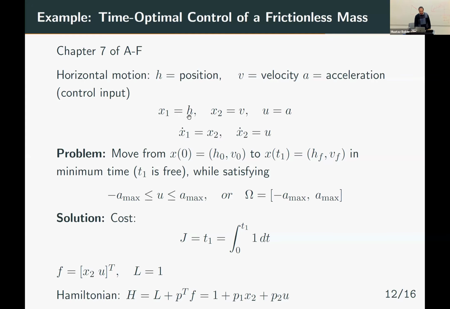If we define x1 as the position, x2 as the velocity, and u as the acceleration, then the equation of motion for the system is x1 dot equals x2, the derivative of position is velocity, and x2 dot equals u, the derivative of velocity is acceleration, which we use as the input to the system.